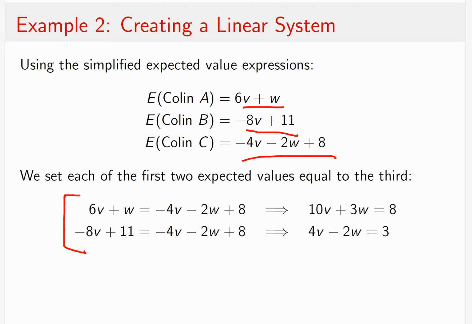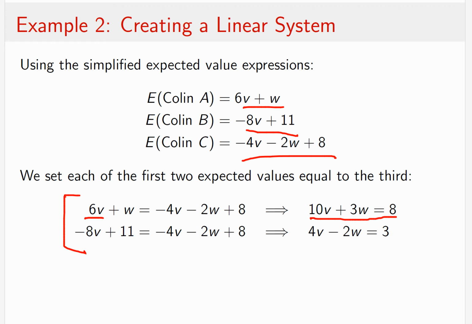And when I set them equal to each other using the idea of equalized expectations, notice that I can simplify into the normal form. And I'll say the normal form is where we have all the variable terms on the left and constant terms on the right. That tends to be how we start with linear systems in linear algebra and in basic algebra courses. So we'll represent them that way. Let's look at this.